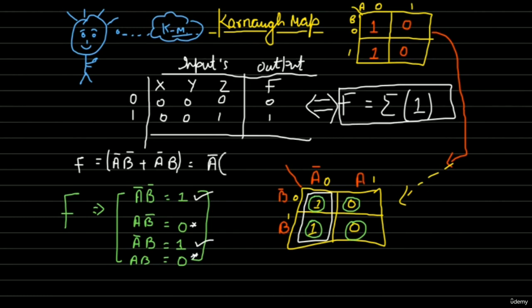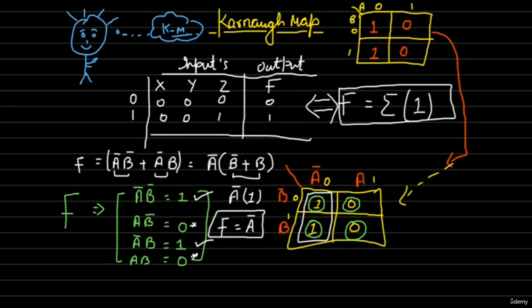So in the first bracket, we are left with B dash, and in the second place, we have B. Now, if you remember that we have studied that B dash plus B becomes 1, so our answer is A dash. Now the answer of the function is finally A dash. So it technically does not depend upon B. It just depends upon A.